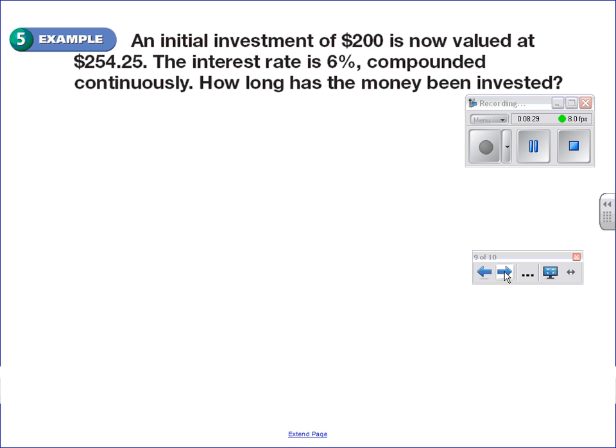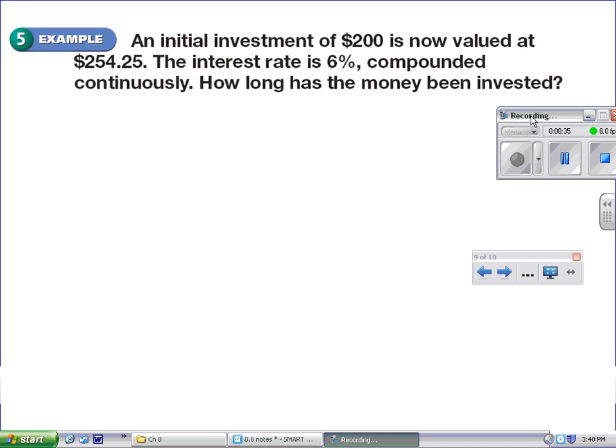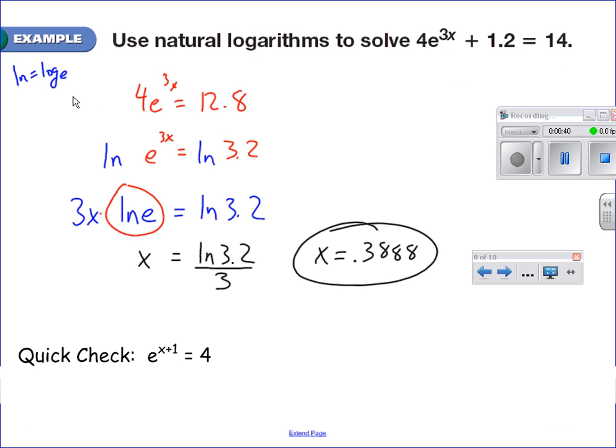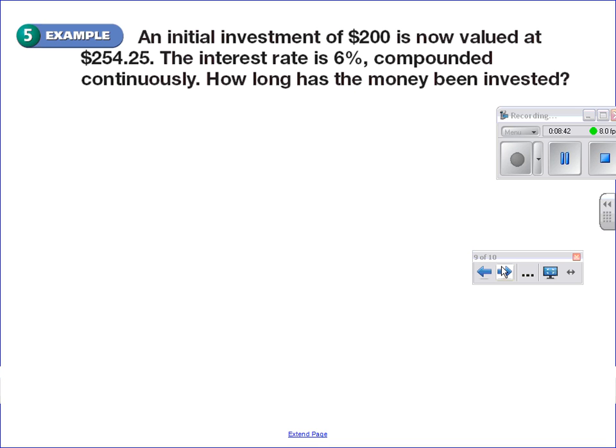And now we're going to solve a money problem like this, okay? Compounded continuously. There we go. Sorry about that. So continuously means I'm going to be using my formula to start before I do anything else.